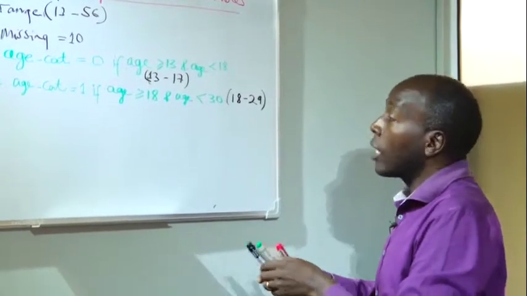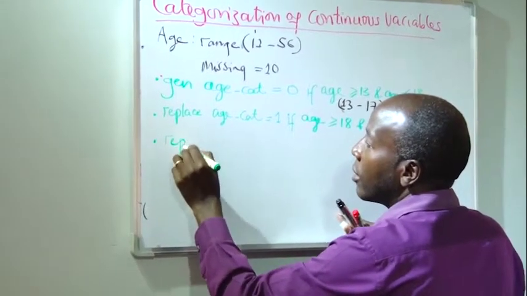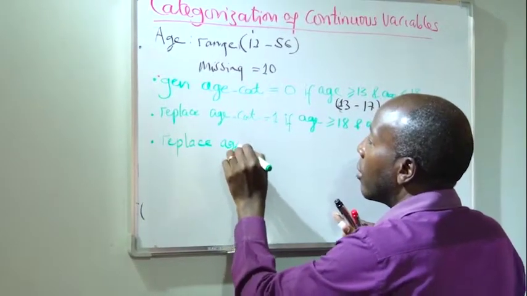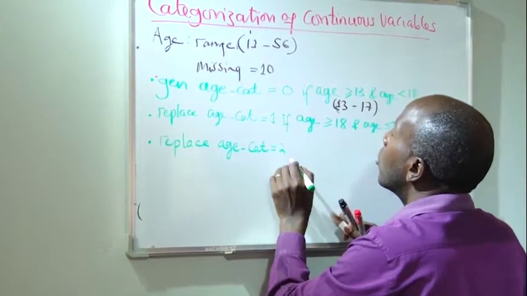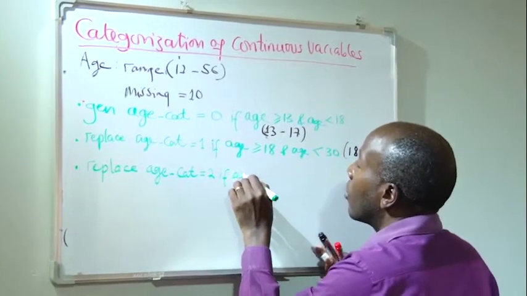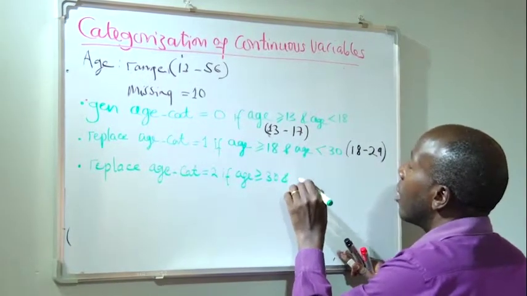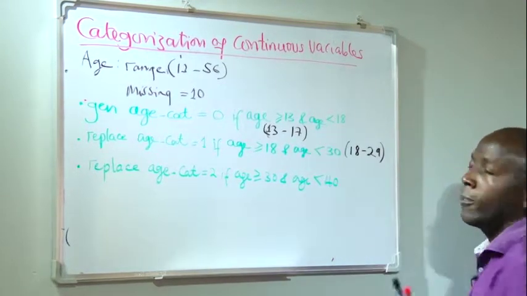Then we create another category. Again, we say replace age cat is equal to 2 if age is greater or equal to 30 and age is less than 40.